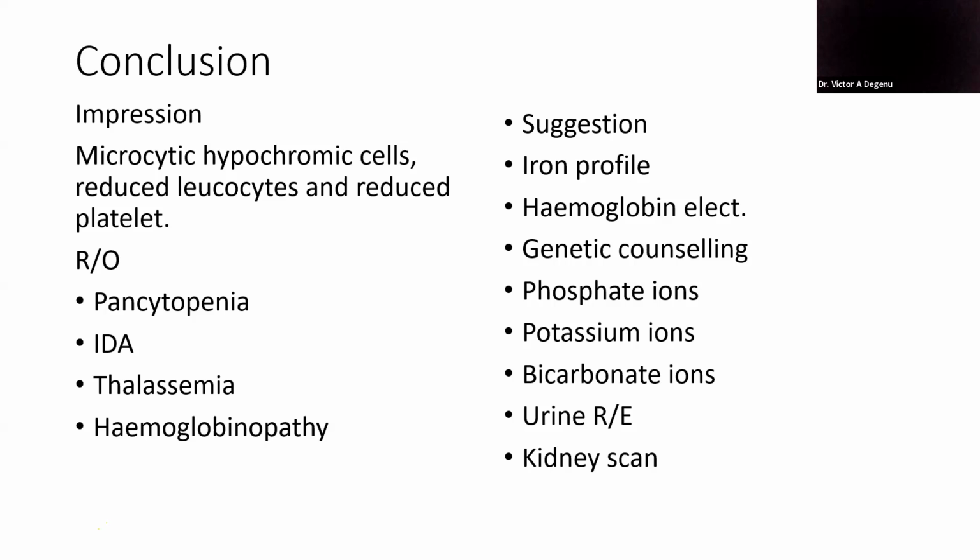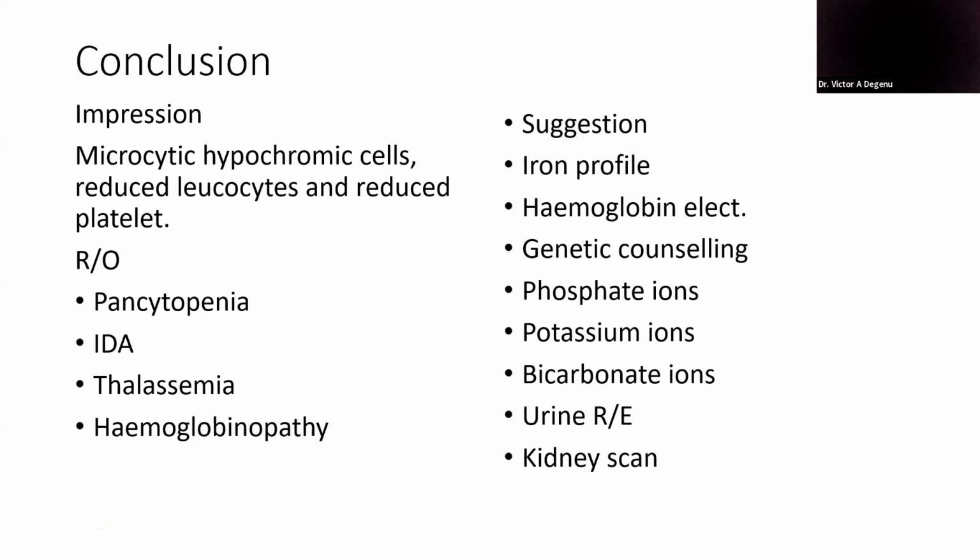Okay? So we also look at IDA. Again, we may look at thalassemia because our RDW is normal. So we may look at thalassemia. Again, we may also take a look at hemoglobinopathy. Okay? So that is it. So what do you suggest?